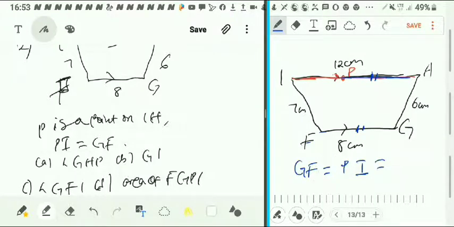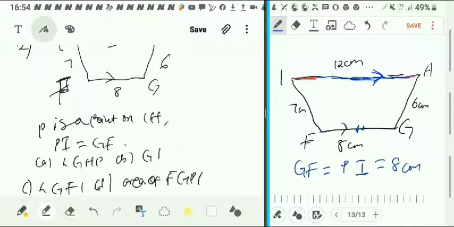That means PI is equal to 8 centimeters.